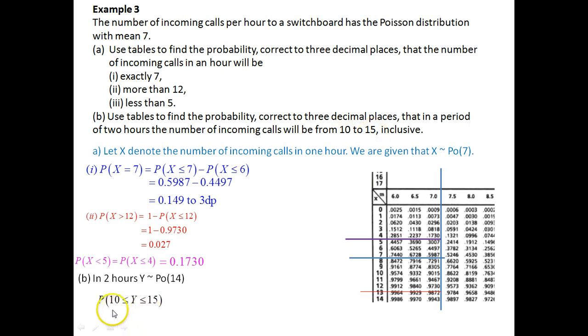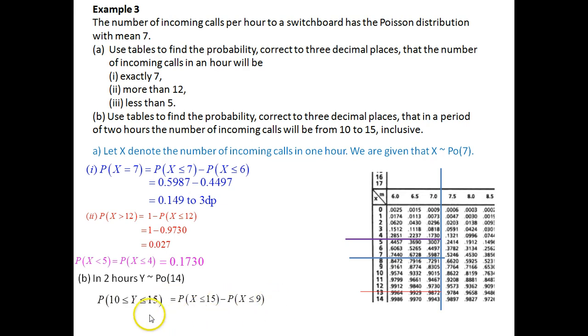So that means in the tables we need up to and equal to 15, and I want to include the 10, so I want to take away from the up to 15 up to 9. So that would leave me with 10, 11, 12, 13, 14 and 15.